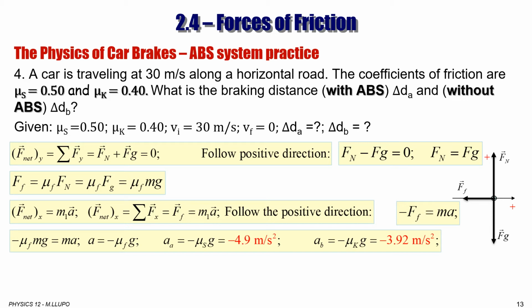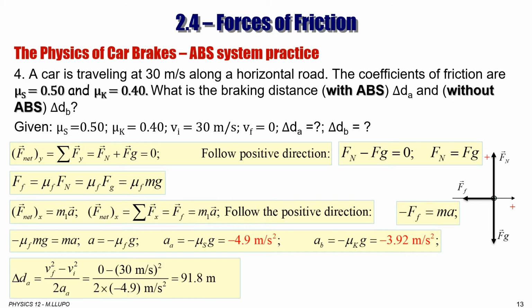Now, since we have acceleration, we can calculate displacement using that common formula from kinematics: V final squared minus V initial squared, divided by 2a. So V final is 0, V initial is 30 meters per second, squared, divided by 2 times minus 4.9 meters per second squared. The answer here is 91.8 meters.